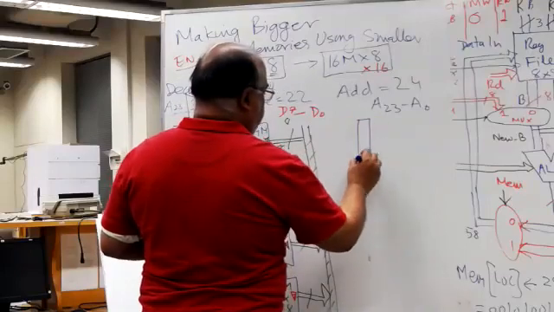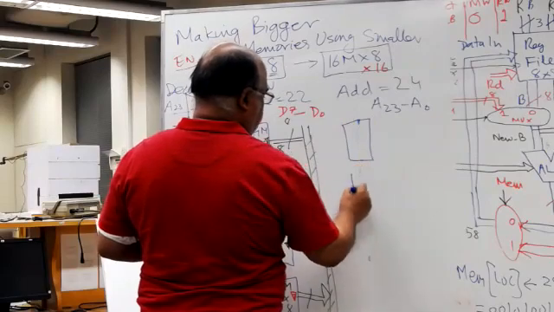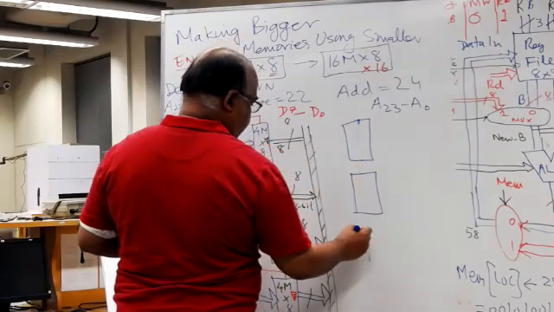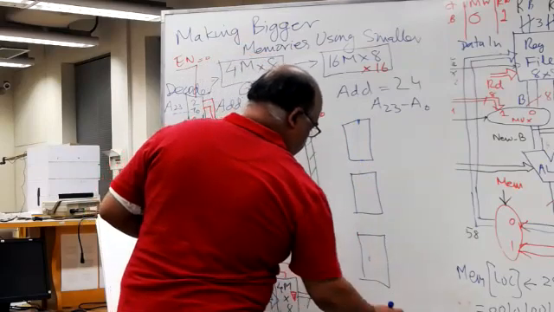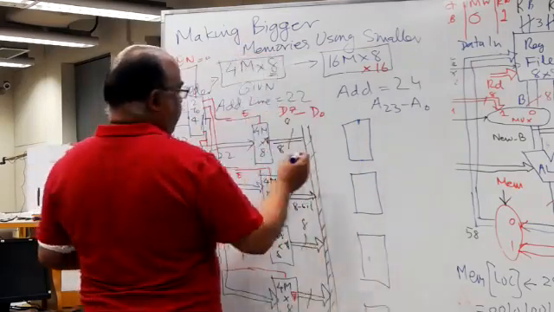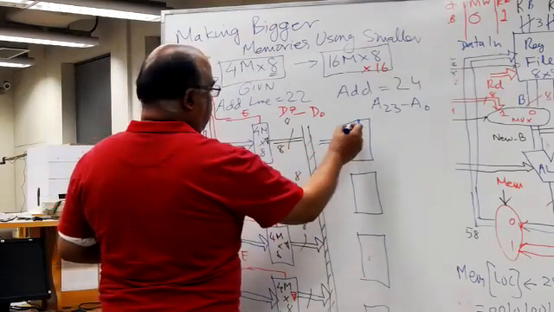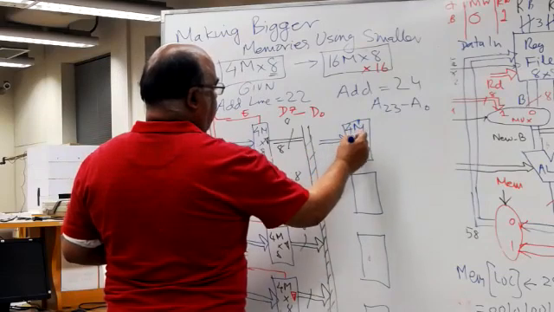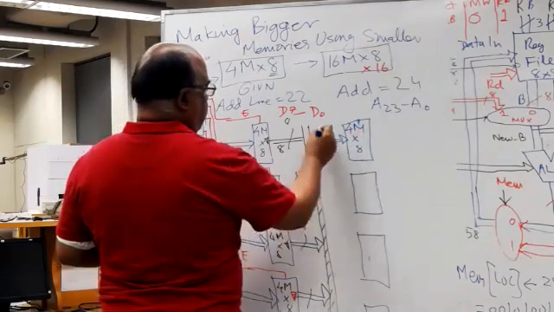Same setup over here. The same address lines go to all of them, because this is 4 megabyte multiplied by 8. So definitely it will need 22 address lines.